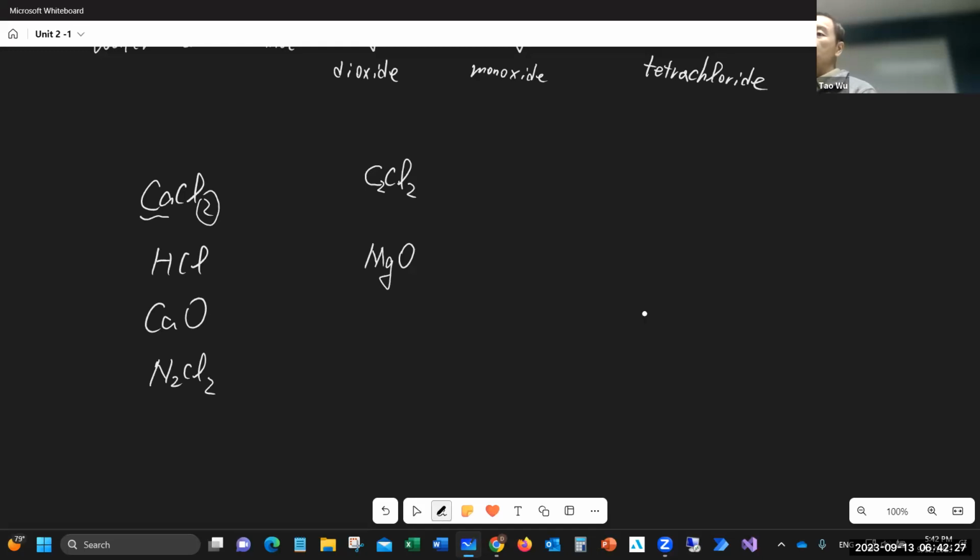The cation is calcium, the anion is chloride, so this is just called calcium chloride. That's why I'm saying naming can be confusing if you don't know the rule. First identify what kind of molecule it is, then name based on that.